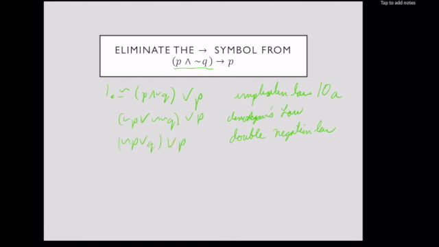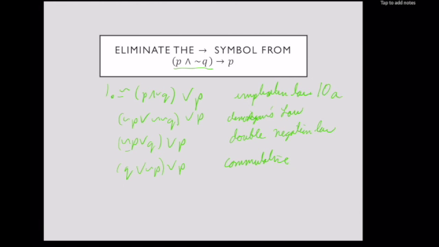We're going to use the commutative law next to rearrange this. That's going to give me Q or not P or P. So that's my commutative law. Then I can use the associative law to rearrange this.